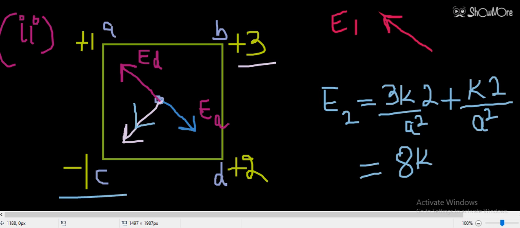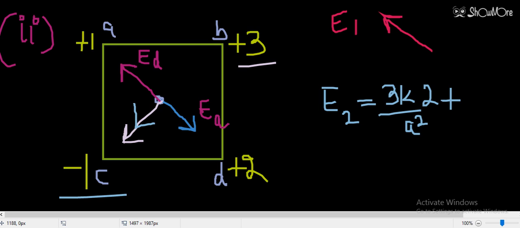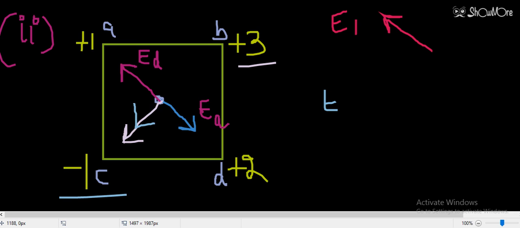Now we have to find the resultant of these two. E1 and E2 are perpendicular, but they don't have the same magnitude.